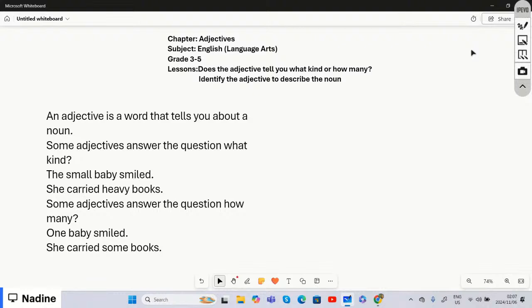Those are nouns. So an adjective describes that noun.